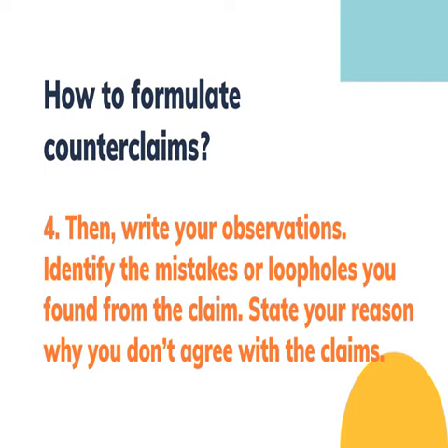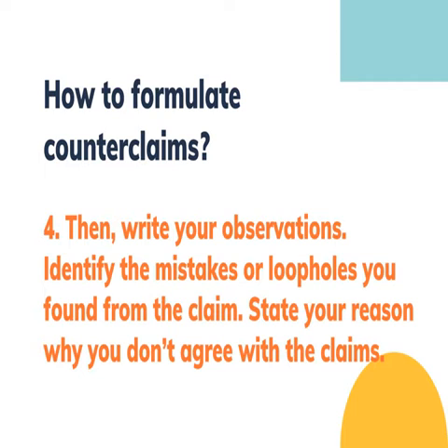The next step is to write your observations. Identify the mistakes or loopholes you found in the claim, and then state your reason why you don't agree with the claims. You have written the reason of the claim. What you need to do now as a writer of a counterclaim is to write your observations. First, identify the mistakes and loopholes that you have found in the claim.